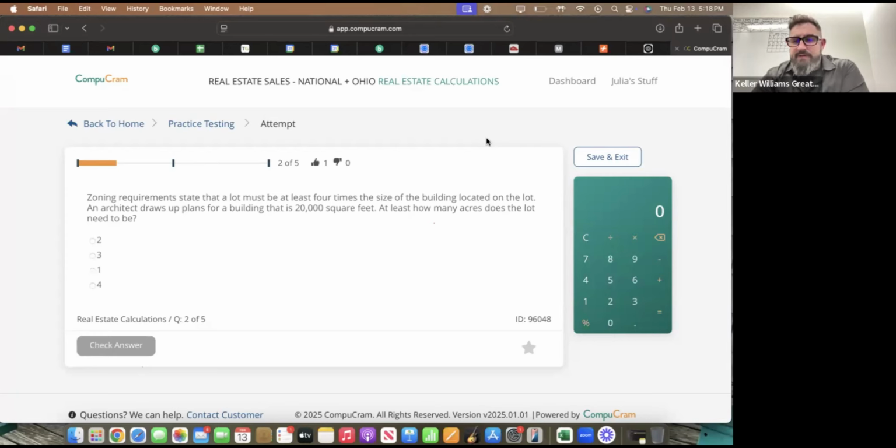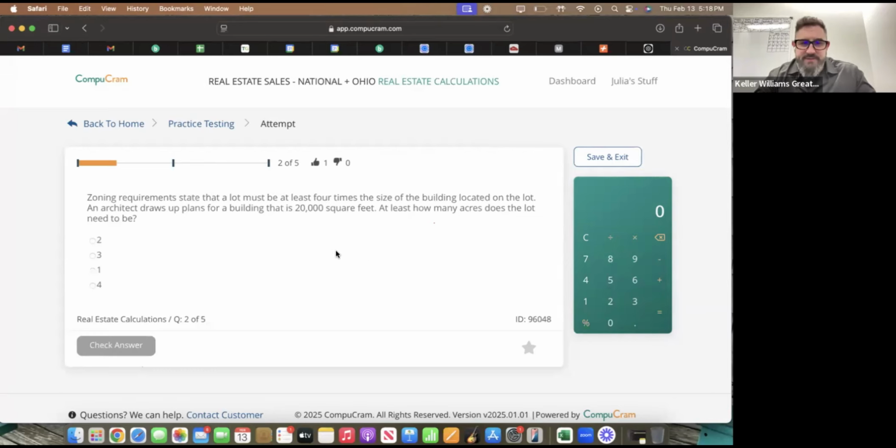1, 2, 3, or 4? Well, in order to know this, you have to know how many square feet are in an acre, which I believe is like 42,680. Okay. So if it needs to be 80,000 square feet, how many acres does it need to be?